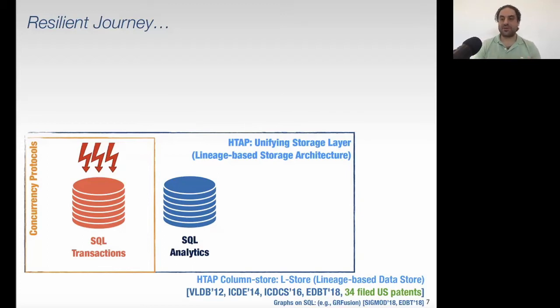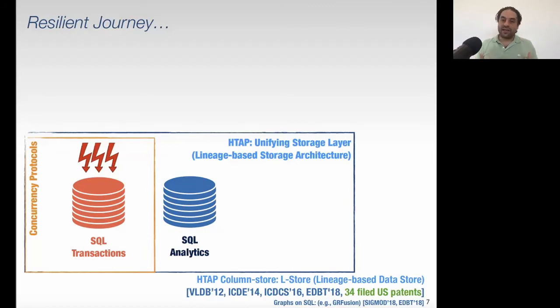So around 2012, when I joined IBM Research at TJ Watson, we asked again yet another profound question. Is it possible to unify these transaction and analytics, entering the HTAP, the unifying stage of a transactional analytical system?